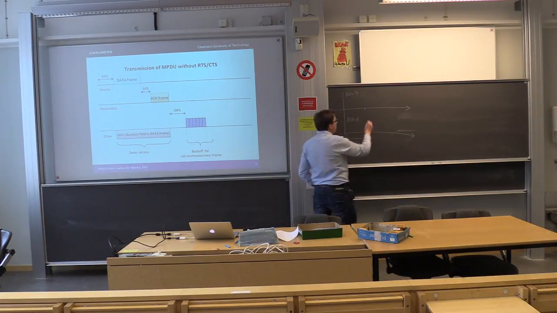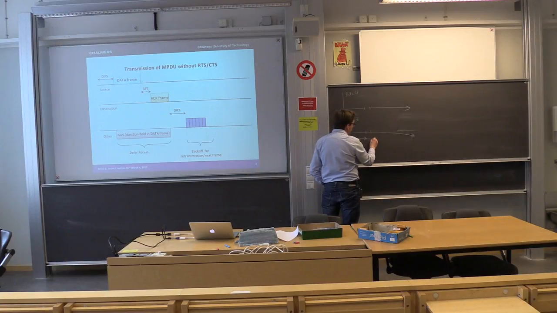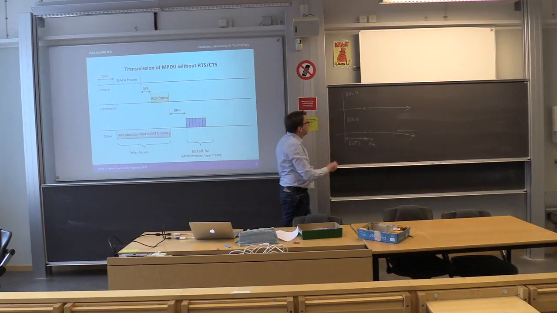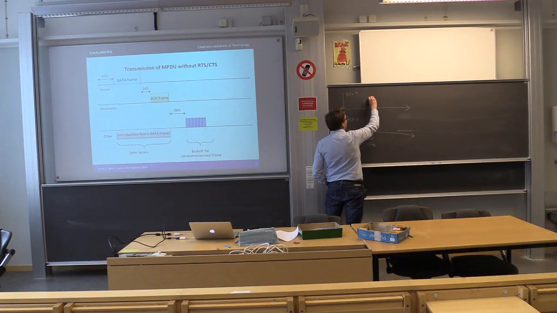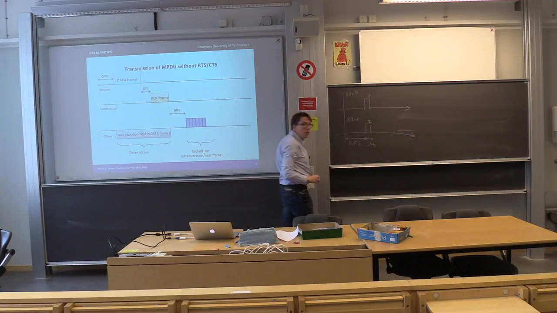Well, they start to count down here. At this point, after one of these slots, we will count down from 4 to 3 here, and here to 2. Okay, started by 3, and then we became 2 at this point.